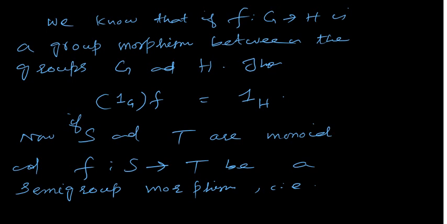That is semigroup morphism means it has only one property, that is (xy)f = (xf)(yf).